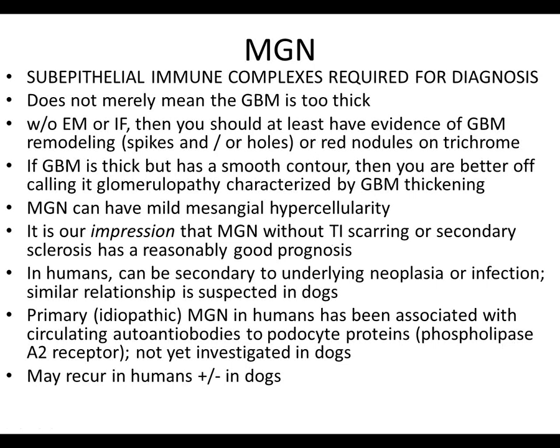Because it hasn't been investigated in dogs, it's probably beyond the scope of what you need to know for boards. Nobody knows it in veterinary species. And then just keep in mind that this process could possibly recur in humans, and we think sometimes it might be able to recur in dogs as well.